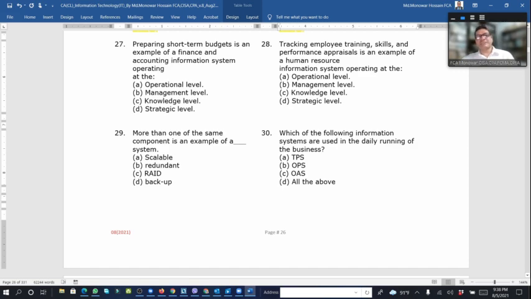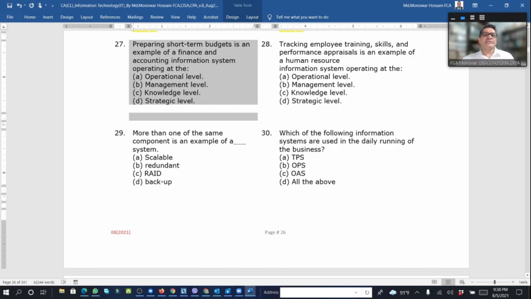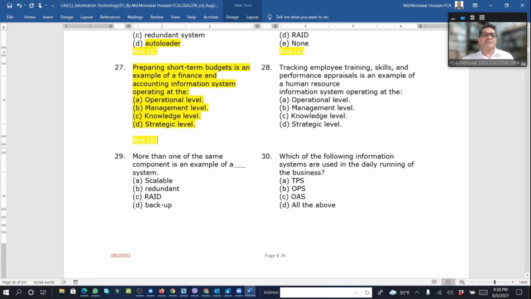Preparing a short-term budget is an example of a finance and accounting information system operating at the operational level, management level, knowledge level, or strategic level. What would be the answer? Operational level. Management level.